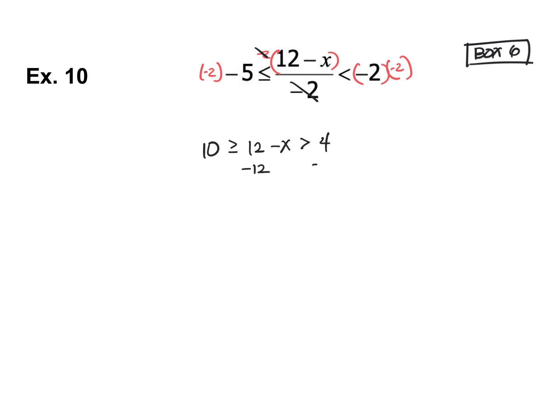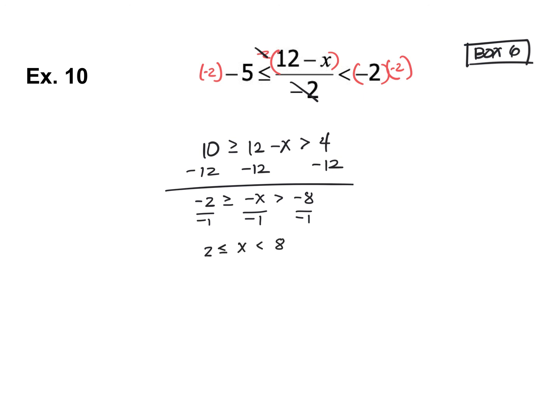Subtract 12 on all 3 sections, and I get negative 2 is greater than or equal to negative x, which is greater than negative 8. Last but not least, divide everything by negative 1. And once again, my inequalities are going to reverse, and I have 2 is less than or equal to x, which is less than 8.